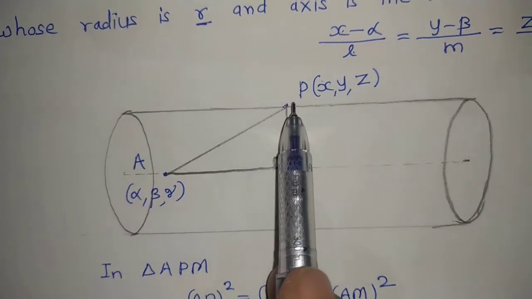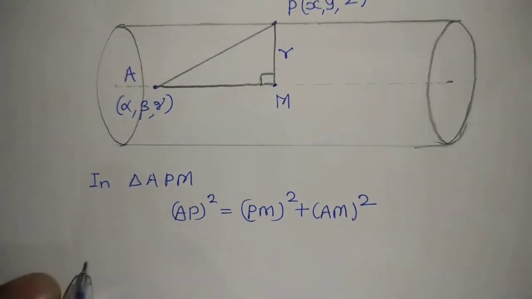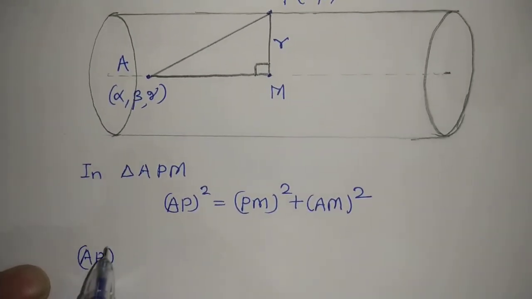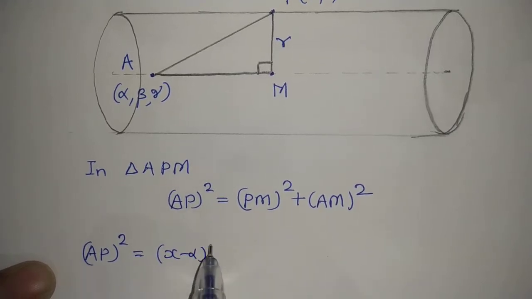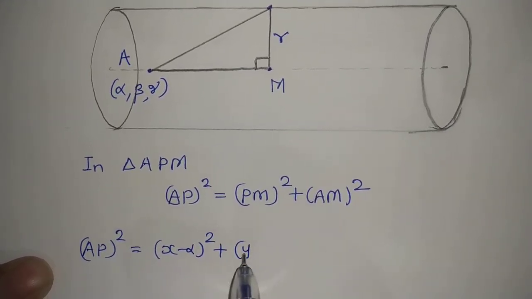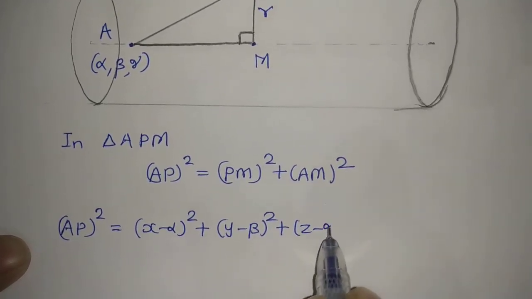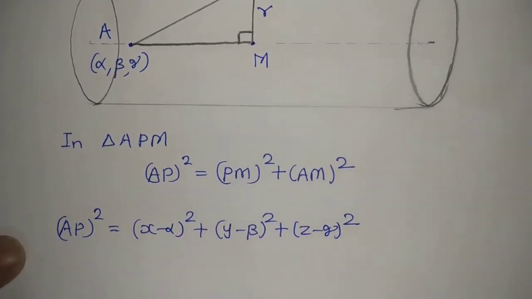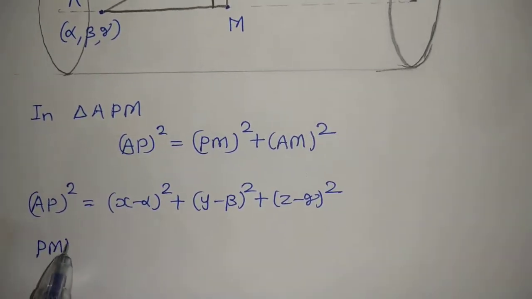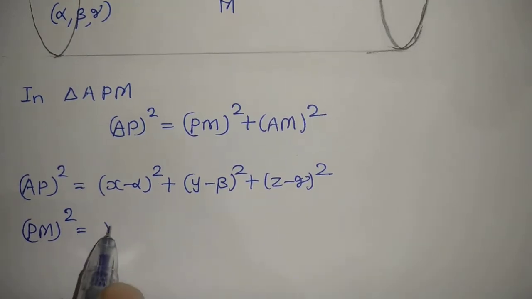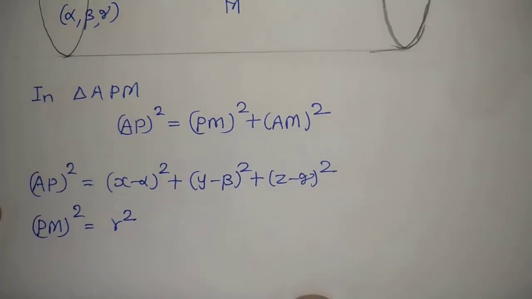AP is the distance between these two points, so by the distance formula, AP square is equal to (x minus alpha) whole square plus (y minus beta) whole square plus (z minus gamma) whole square. So this is your AP square. Now PM square is r square, the radius of this right circular cylinder.